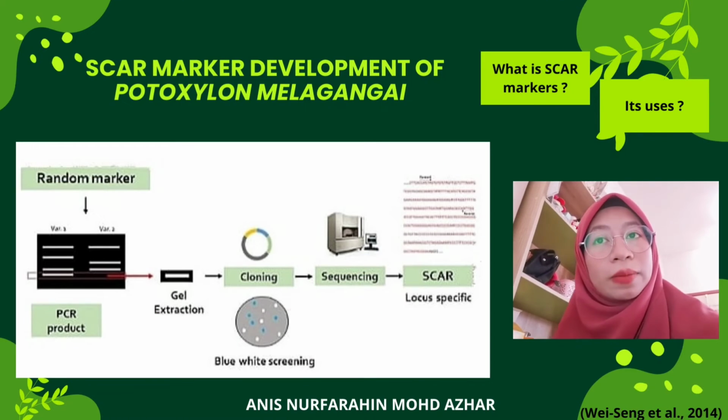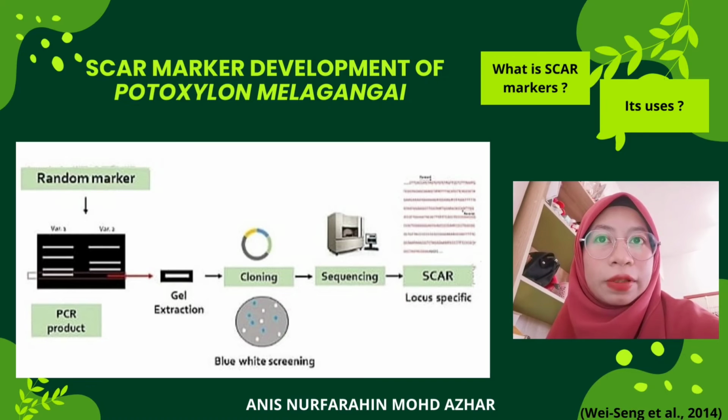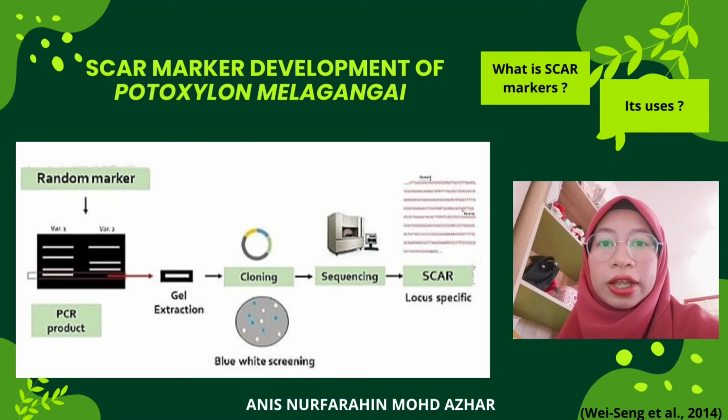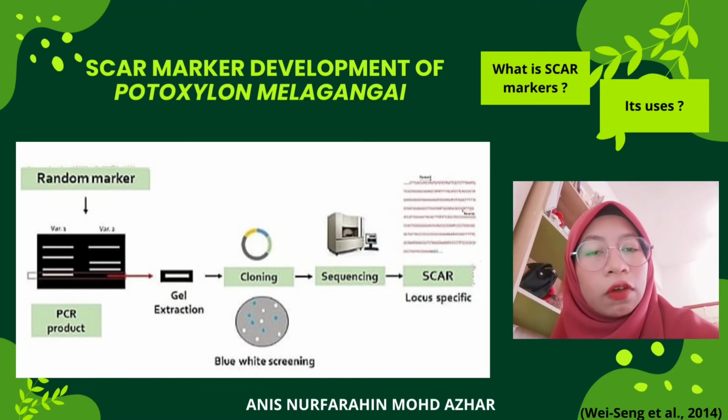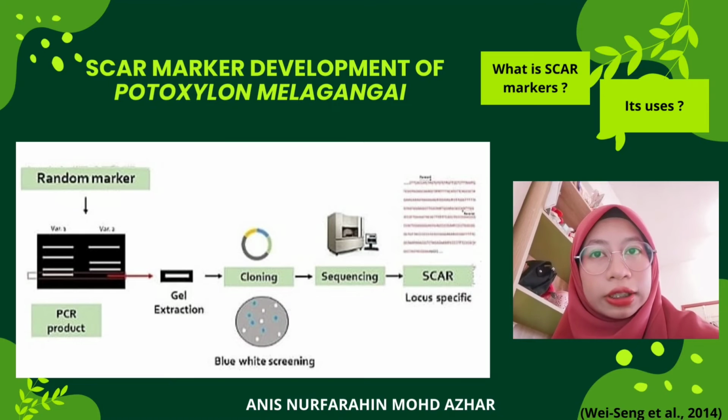So, what are SCAR markers? The sequence characterized amplified region, or SCAR markers, are developed to produce specific and reproducible results that could be used for species or cultivar identification. To achieve the second objective, the diagnostic fragment identified from the DNA profile is extracted from the agarose gel electrophoresis before being purified.